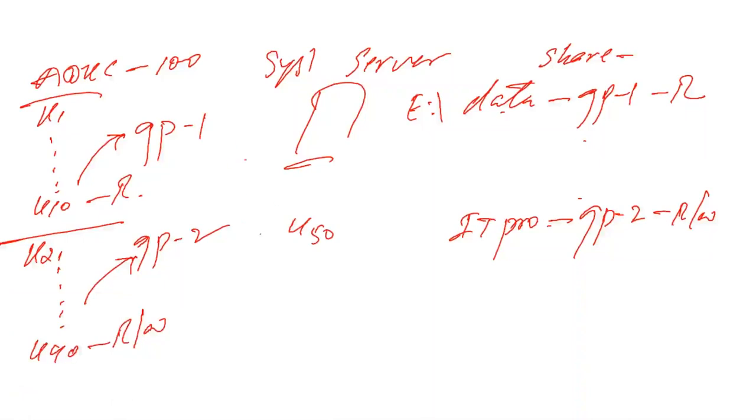We have to add them in group 1 and also in group 2. So it means one user can be a member of multiple groups. Now user 50 has the right to access the data share folder and also the IT project data, because this user is in multiple groups. So one user can be a member of multiple groups. You can keep it like this, right?